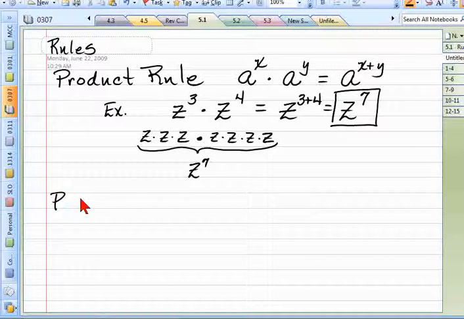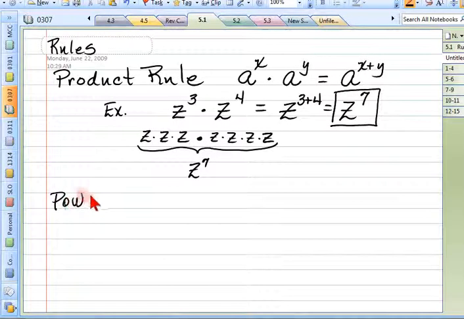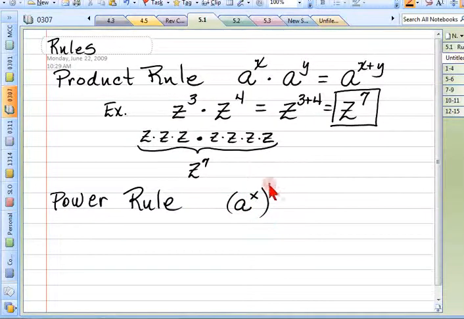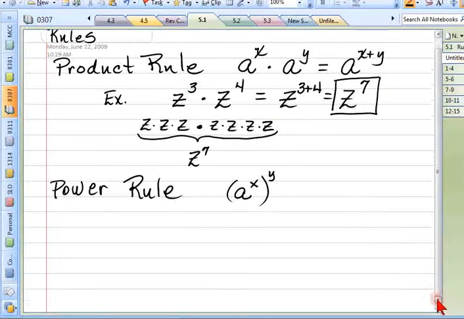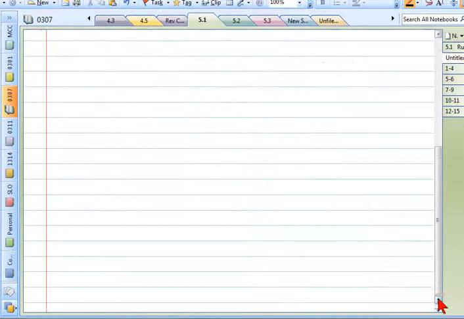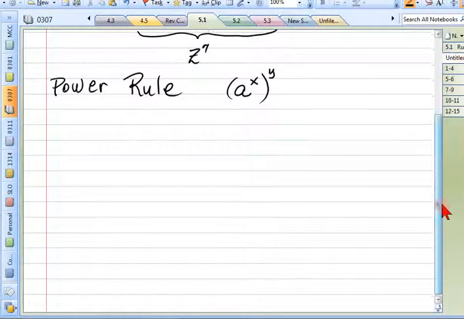The next rule is the power rule. And the power rule says if you have a to the x and you raise that to the y power, now you multiply.